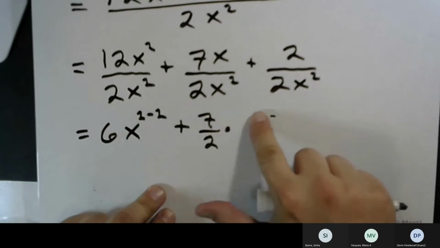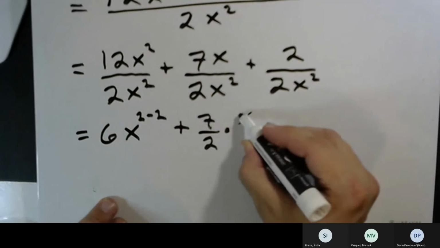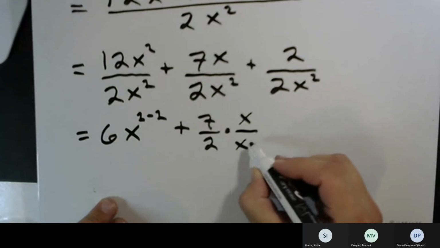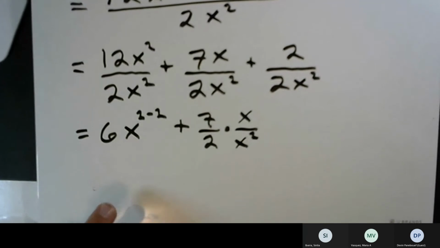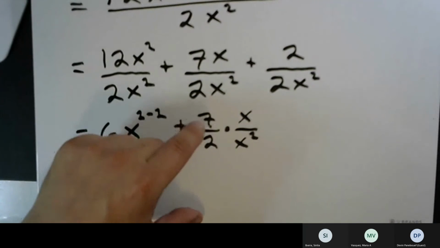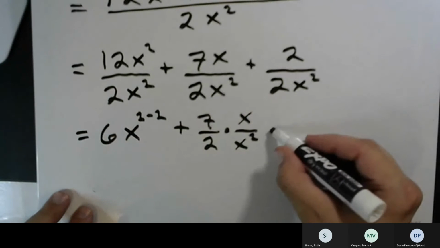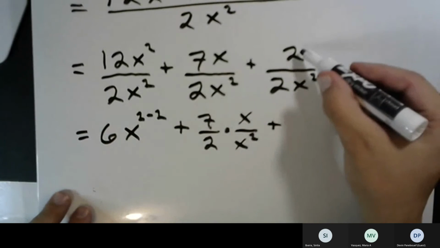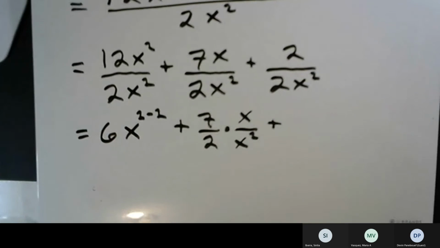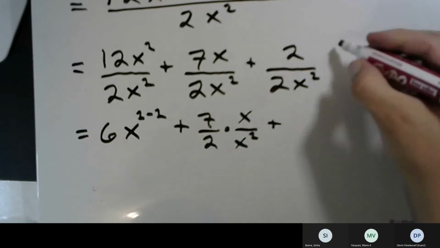Or here, let me put this extra step in here. We'll just break this up into a variable fraction and a number fraction like this. And this is as far as it's going to reduce. It won't go any farther. Now this one, top and bottom are divisible by 2.